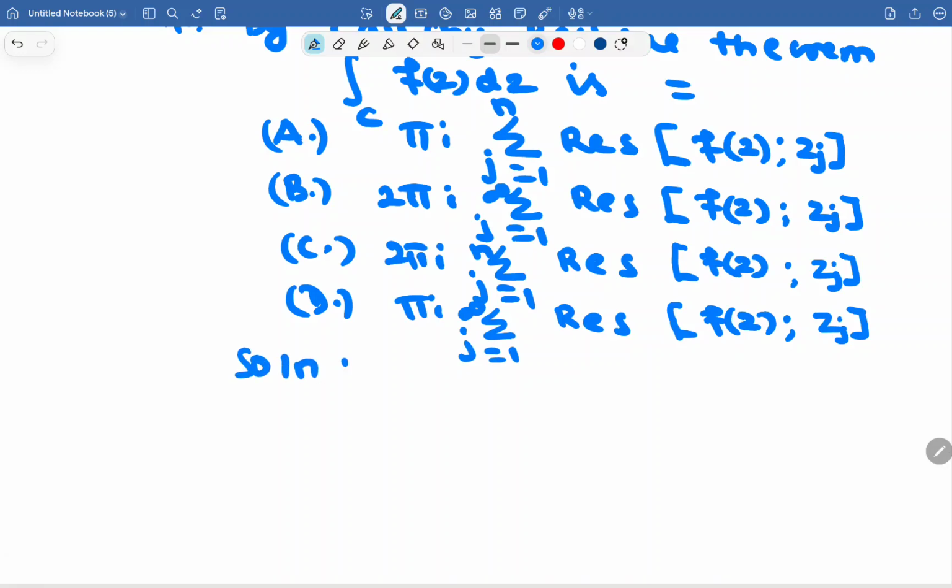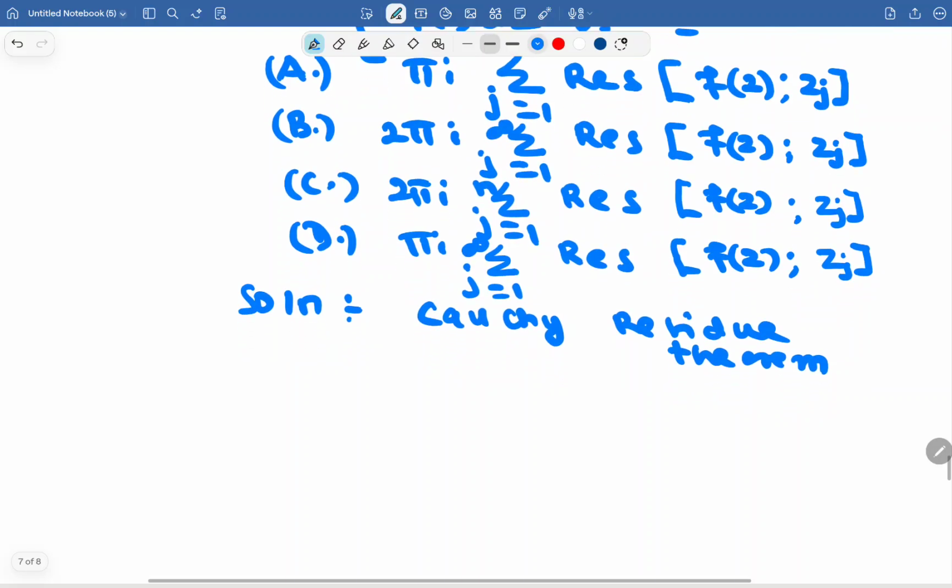Solution: Cauchy residue theorem. We have to check which option is the correct one for the Cauchy residue theorem.